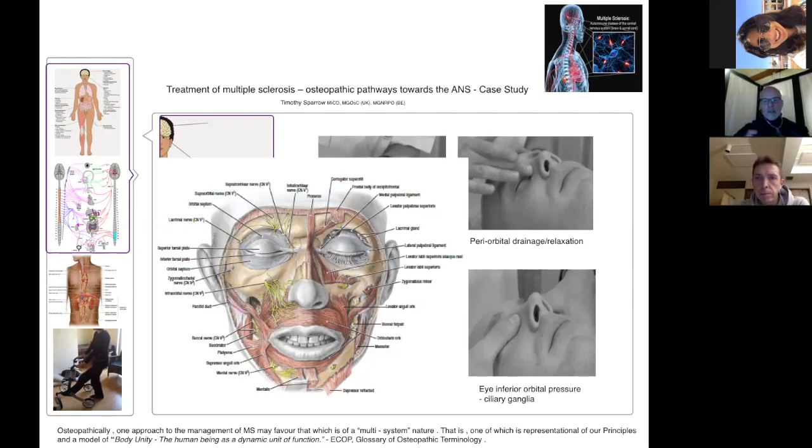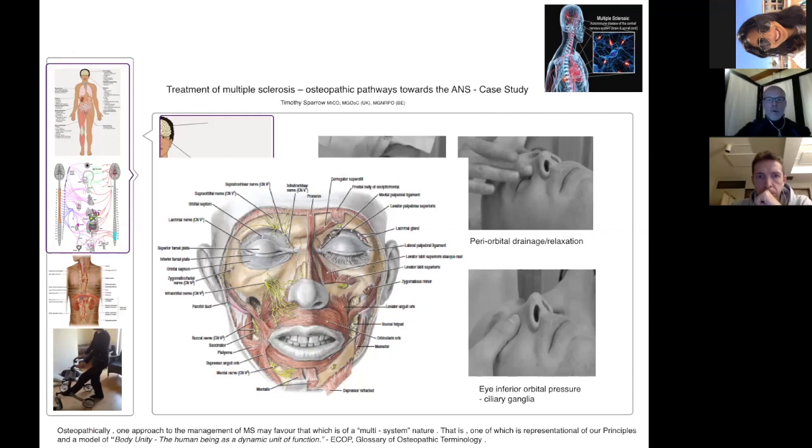So what we're actually doing on the tissues is going back through the sensory afferent nerves of those respective vagal, facial and trigeminal nerves, and having a specific effect on their anastomosing branches in the brainstem and a corresponding physiological effect, for example, through the trigeminal and vagal connectivity there.